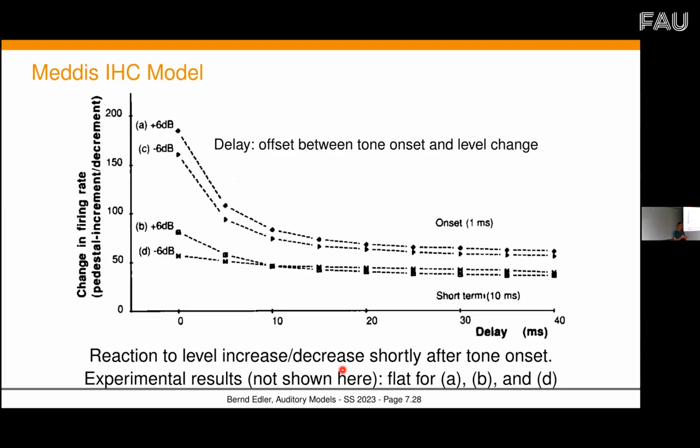For higher frequencies, it's mainly the location on the basilar membrane. But for lower frequencies, you can imagine if you have a harmonic tone of, let's say, 50 Hertz, you have many harmonics which are quite close to each other. It would be fairly difficult to actually find out the pitch from the shape of the excitation of the basilar membrane.